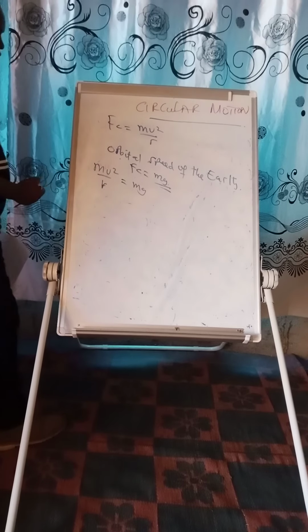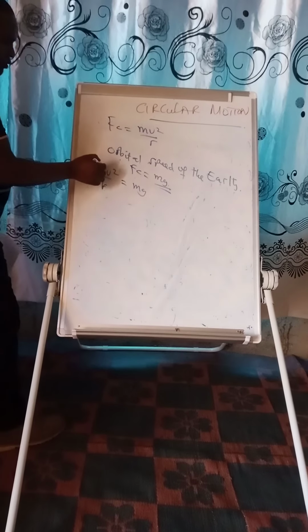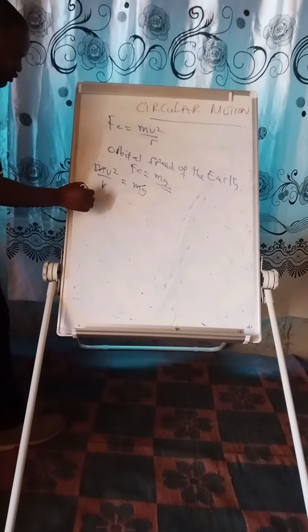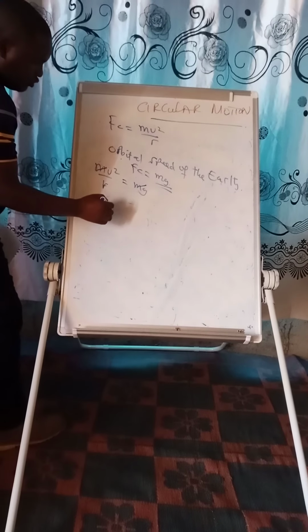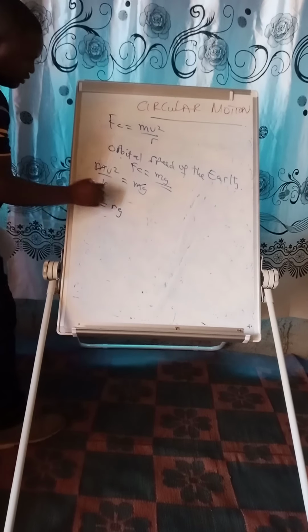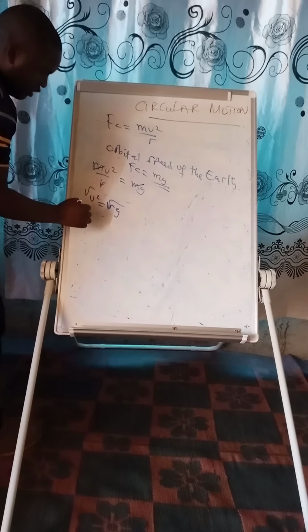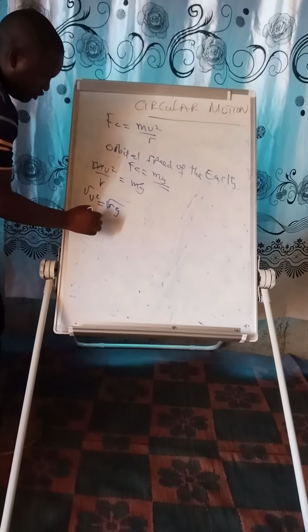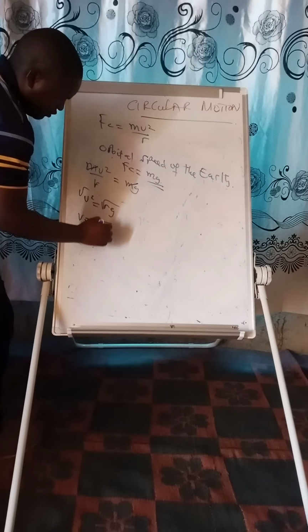Now m and m will cancel. So v squared will be equal to rg. So our orbital speed will be equal to the square root of radius times gravity.